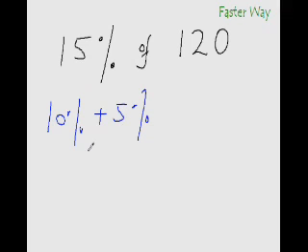Before I teach you the decimal shifting trick, tell me what is the present position of the decimal in 120. It is here, and this is equal to 100%, because 100% of any number is the number itself. Like you go to a shop and the shopkeeper gives you 100% discount, then what does it mean? It means grab it, because he's giving it to you absolutely free of cost.